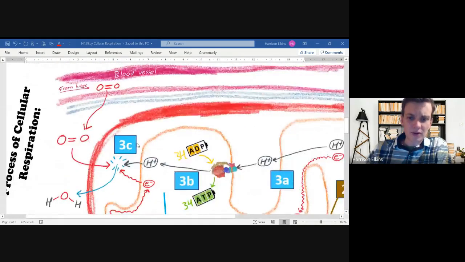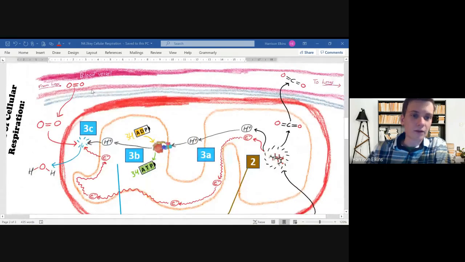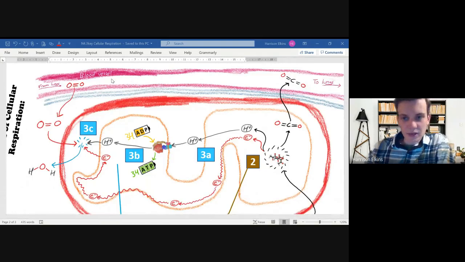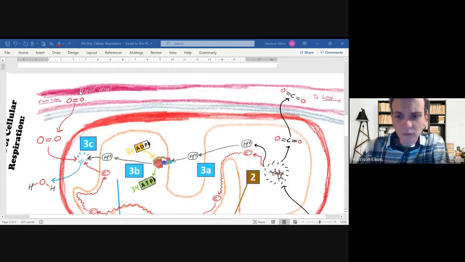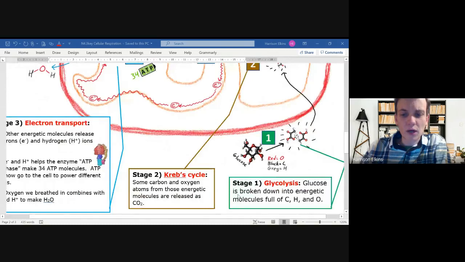This is an example from an animal, it could be for you, with lungs and blood vessels and stuff. This could happen in plants, but we're just going to look at it from an animal's perspective here. This is a little bit backwards. I start with stage 1 on my right, and I go to the left to stage 3.